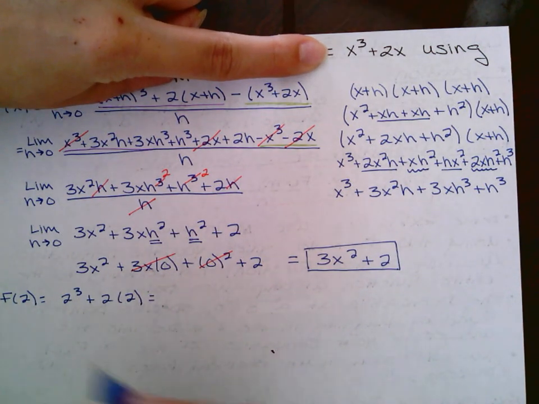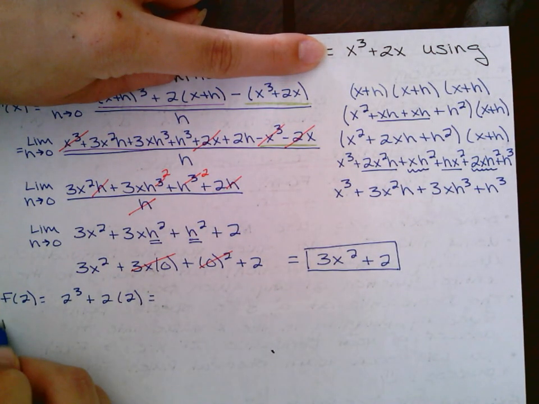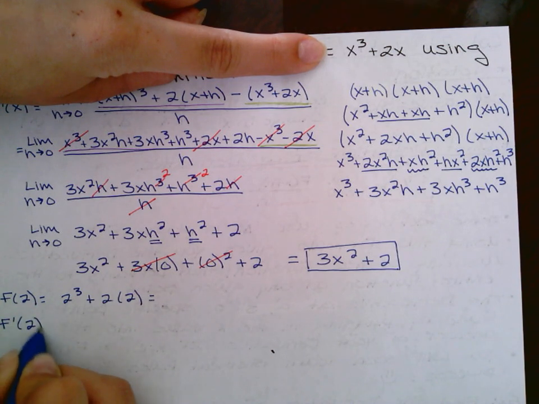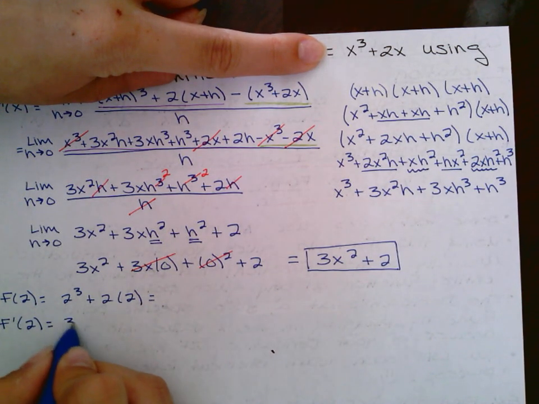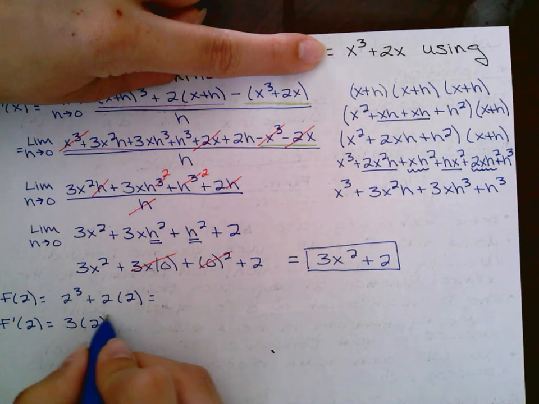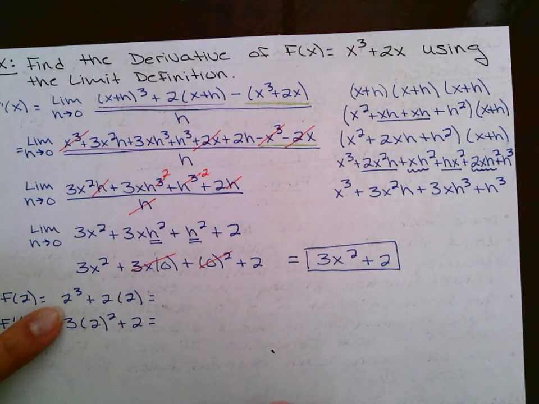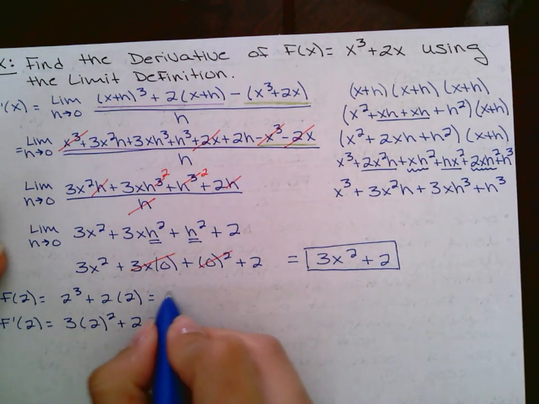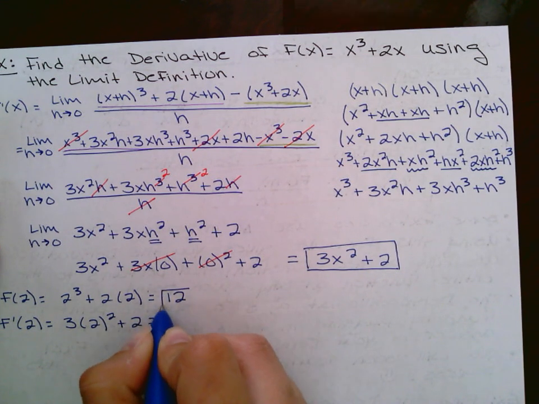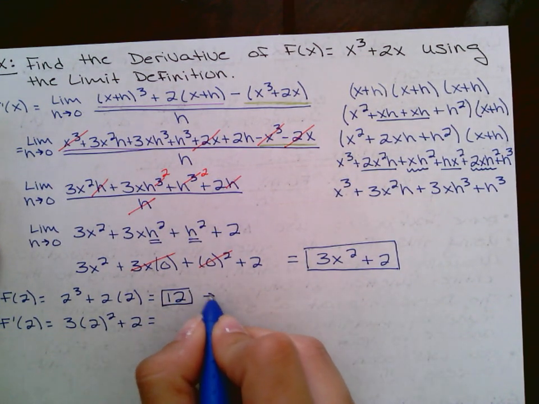Okay? And then if I did f prime of 2, it would be me saying 3 times 2 squared plus 2. Okay? So 2 cubed is 8 plus 4. This answer tells me my location.